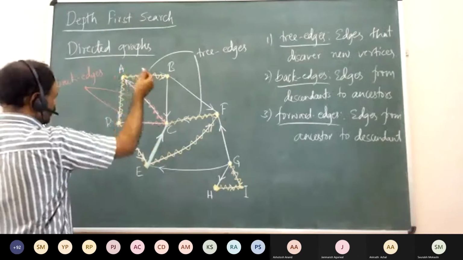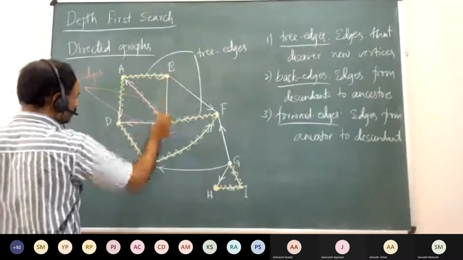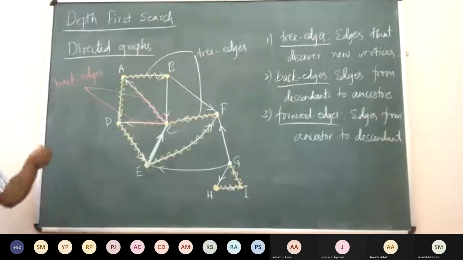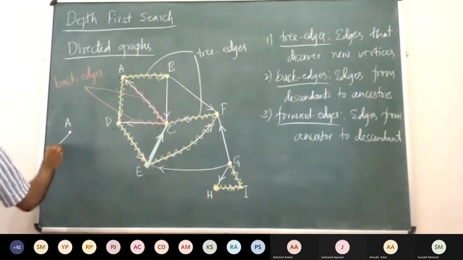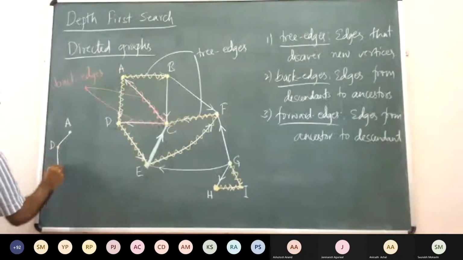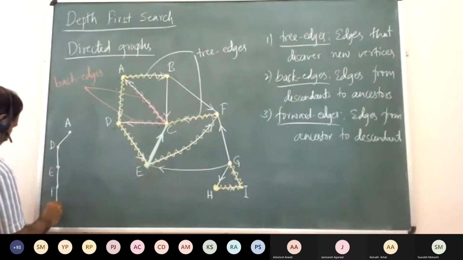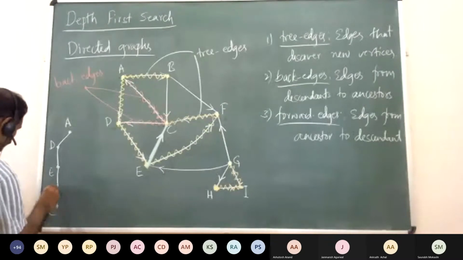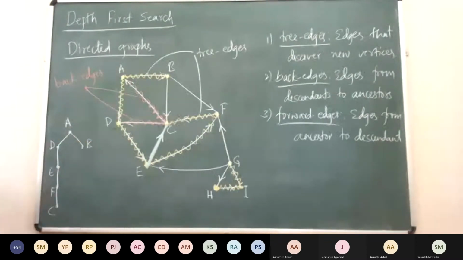So you go back here and then you go to B. From B there is an edge to C, right? So let us see. The tree looks like this. A is here, then D is there, then E is here, F is here, and C is here. Then on this side there is B, right?